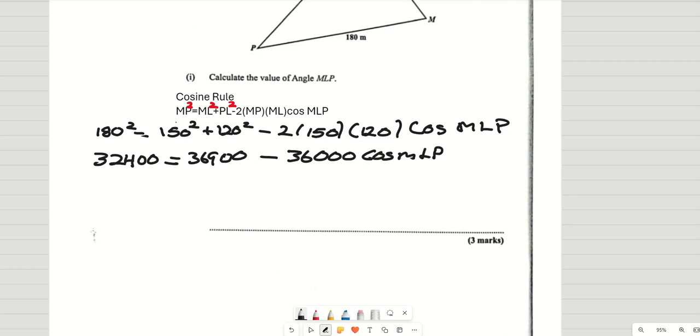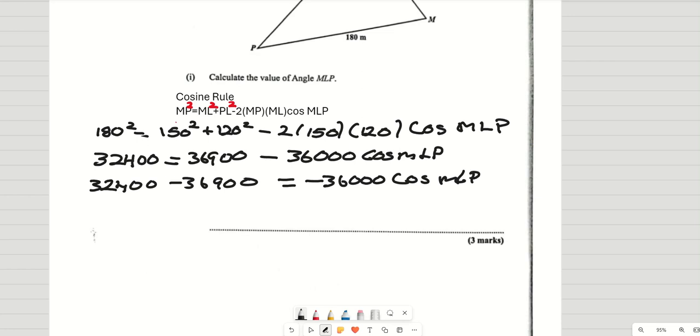You want cos MLP on one side, so you're going to carry these things across. That's 32,400 minus 36,900 is equal to negative 36,000 cos MLP.